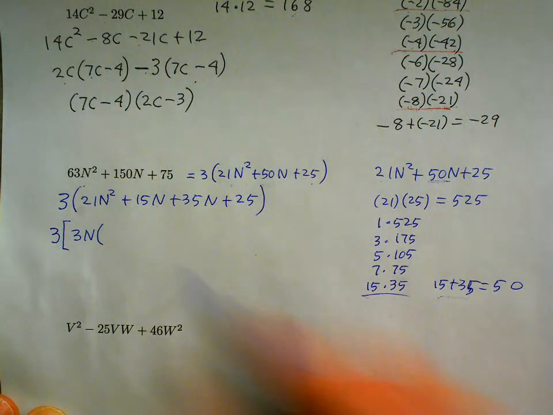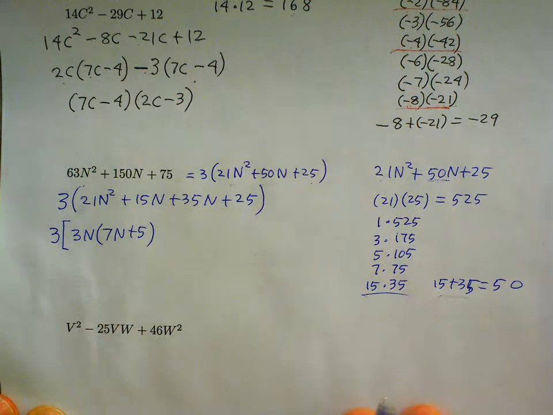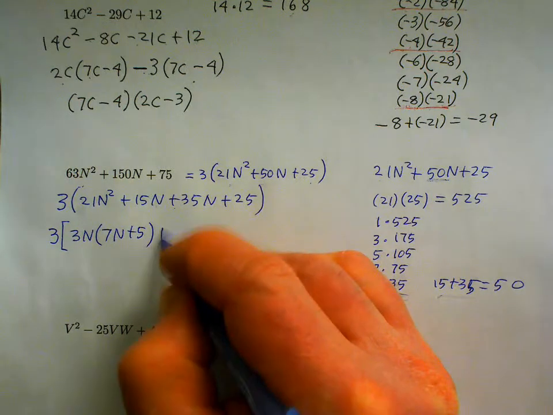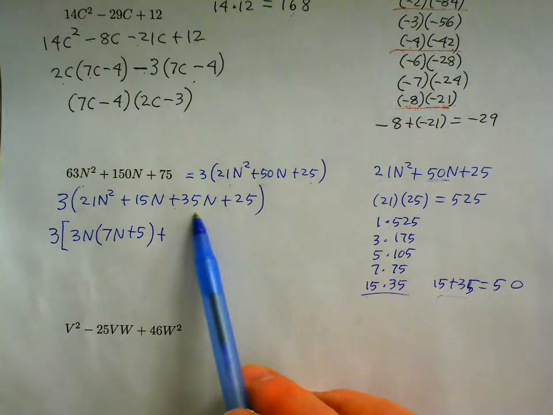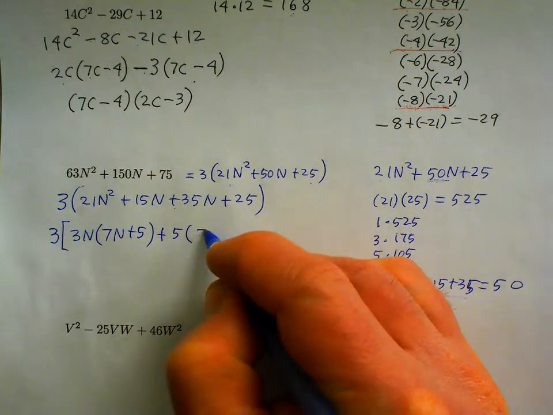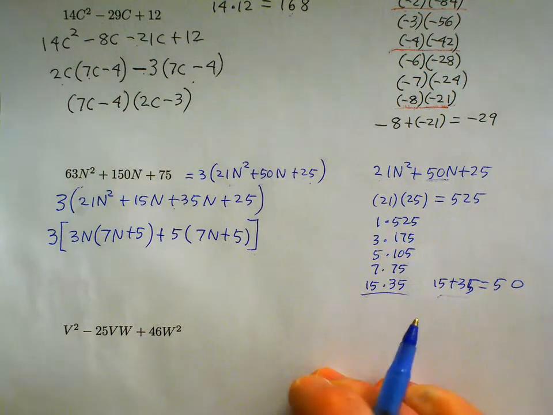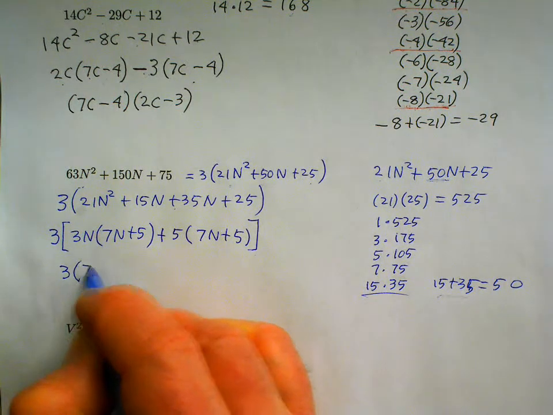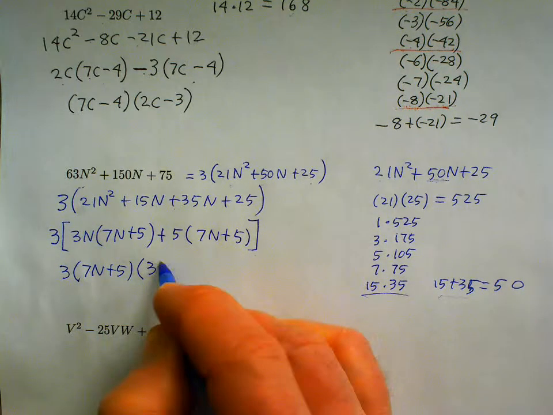And we're left with the binomial 7n plus 5. Bring down the middle operator of addition. So we have plus 35n plus 25, factor out the greatest common factor, which is 5. And the binomial is 7n plus 5. And finally, the complete factorization is 3 times the binomial 7n plus 5 times the binomial 3n plus 5.